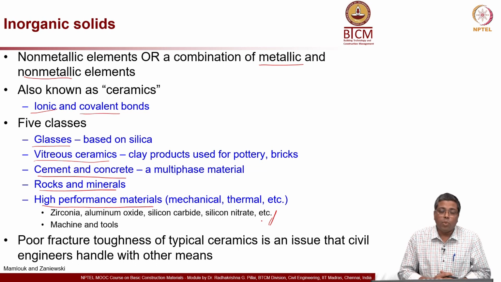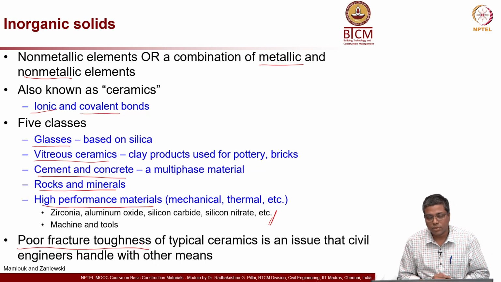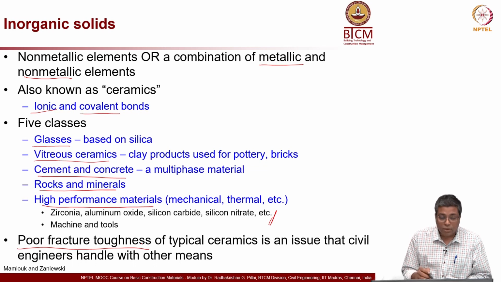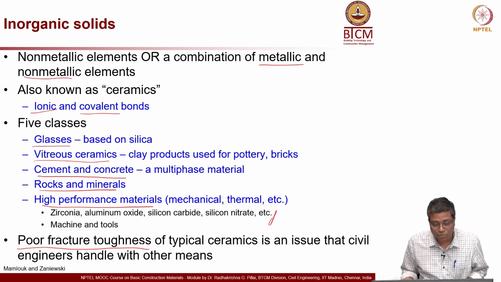Anyway, now one problem with all these ceramic materials is in general they have poor fracture toughness, okay. And we handle that problem by engineering the product. For example, if you take cement and concrete, the fracture toughness of plain concrete is relatively low.